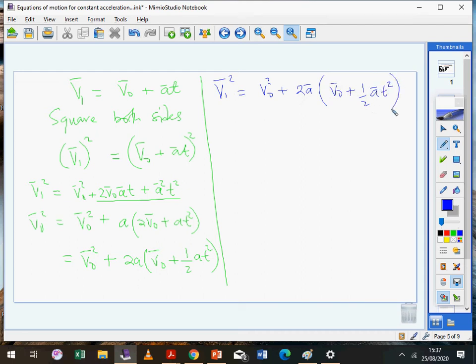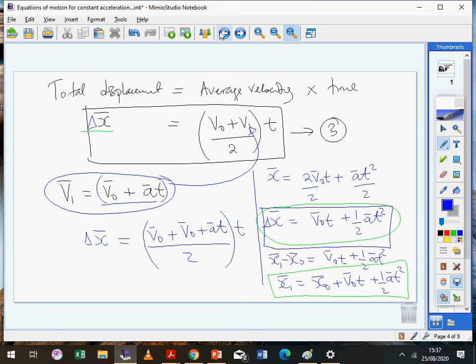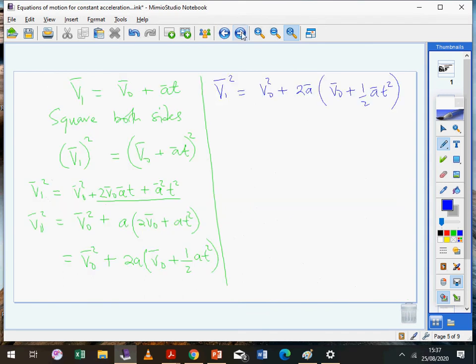I left out a T here. And I hope you remember from the previous board that V0 T plus half AT squared, this whole bracket, is equal to change in displacement. If you guys remember that.